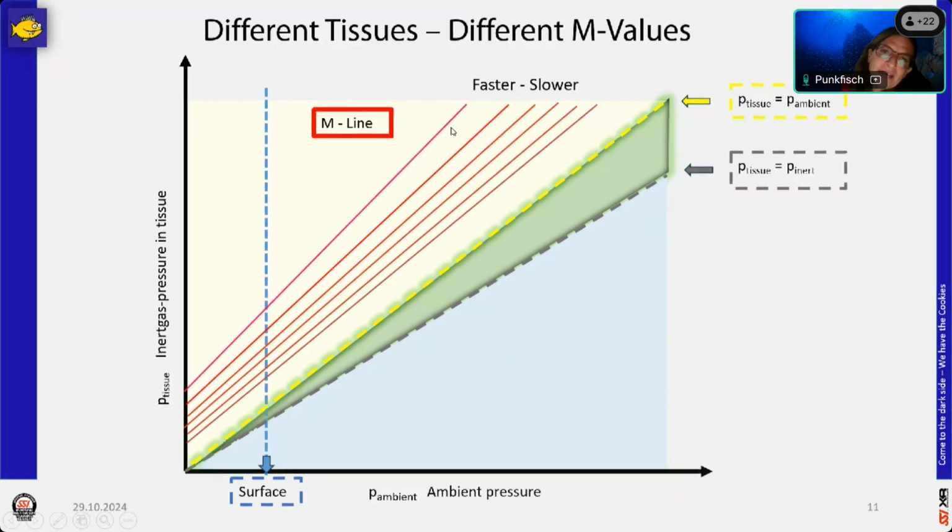The distance from this point to the equilibrium line is not the same as here at the surface. And this means that the models assume as well that all these tissues can hold a slightly higher supersaturation at a higher general pressure than at a lower ambient pressure.